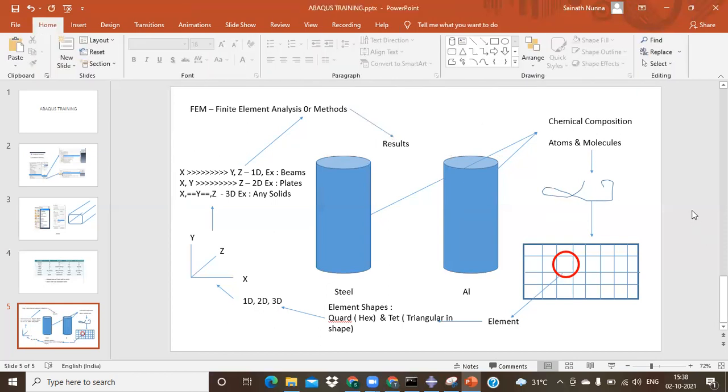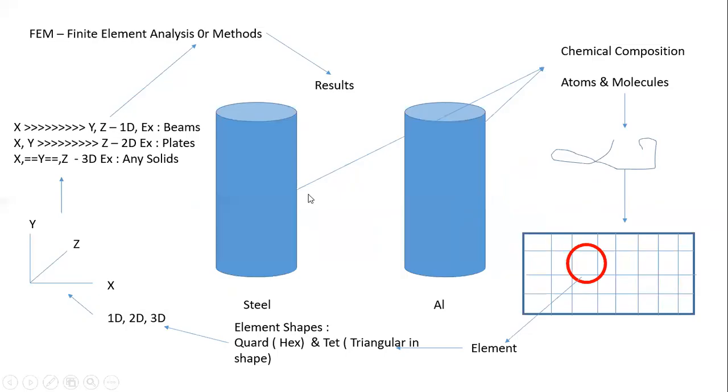This is how we call this finite element analysis, because any material is a combination of the chemical composition, which is having an infinite number. We have to arrange them in a proper disciplined way to achieve one shape, an element, and those elements are in shapes like a quad or a hex, or hexahedral or a tetrahedral.